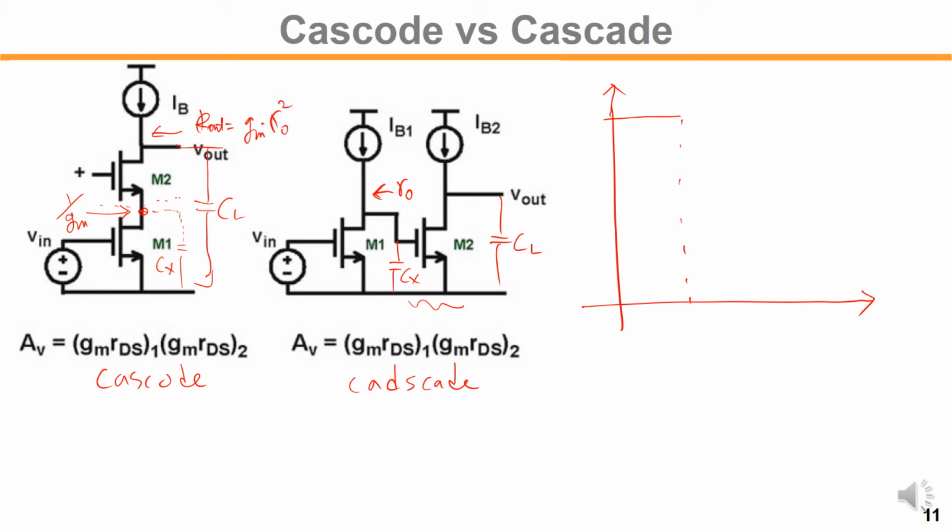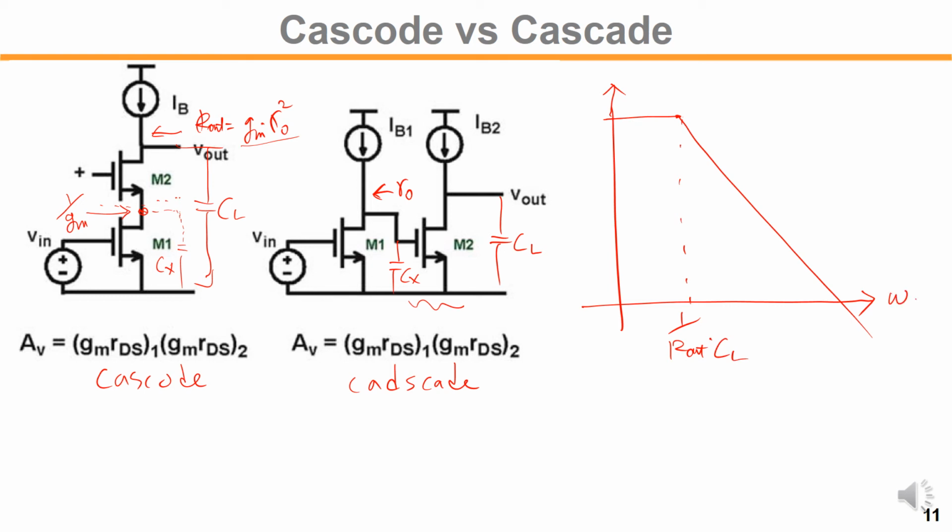So the dominant pole would be set by that GM times RO, right? That will be 1 over R out times CL.